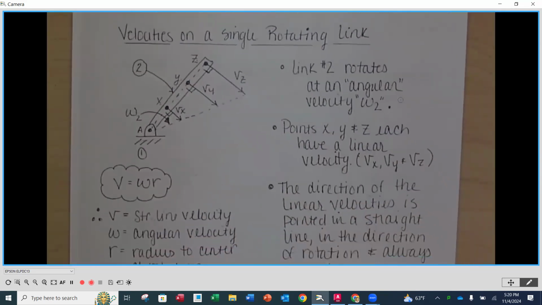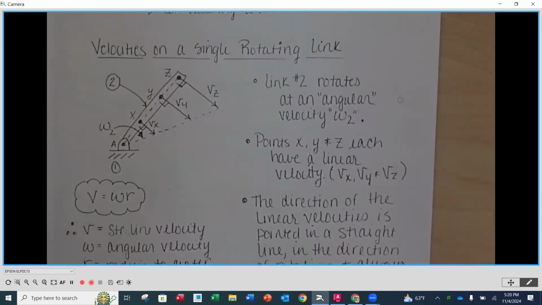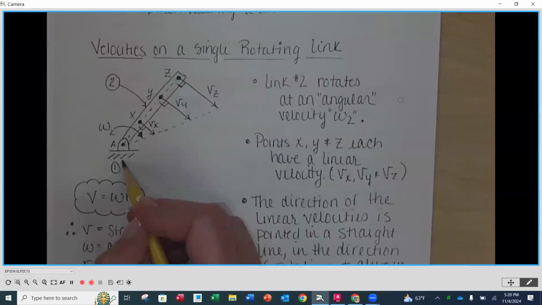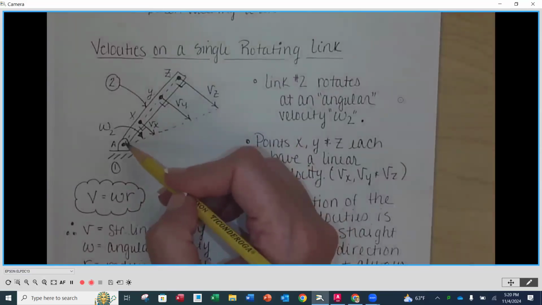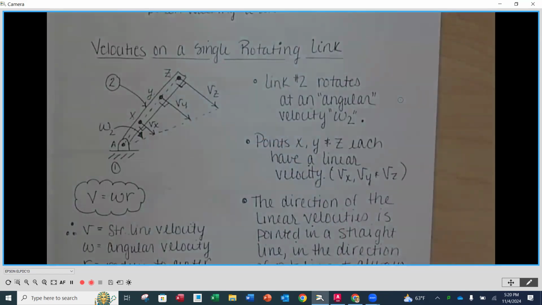As we move down the handout, the next area here is velocities of a single rotating link. So we've talked about links in mechanisms. For instance, if we have number 1 here as our frame, and then we have our link number 2 here. It's just a straight, standard link.